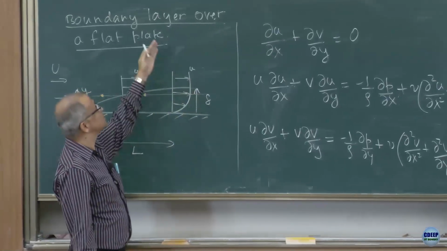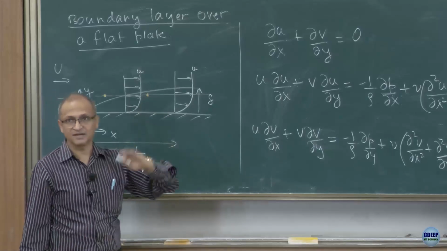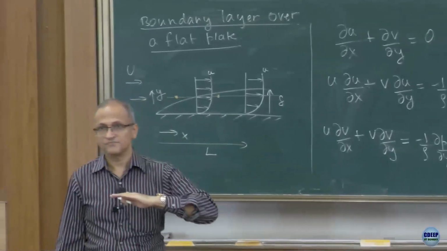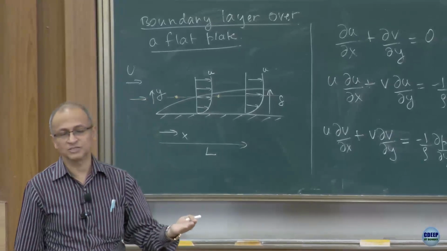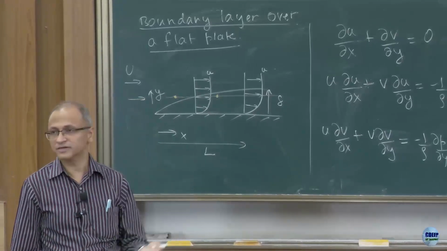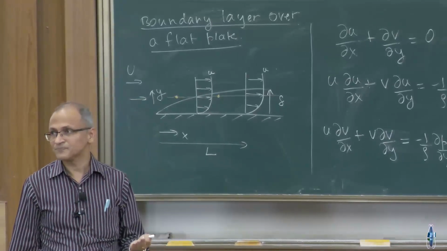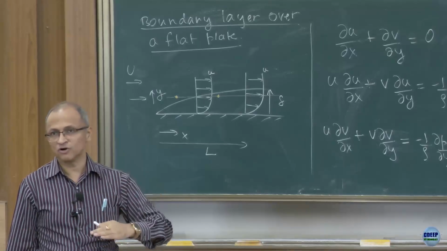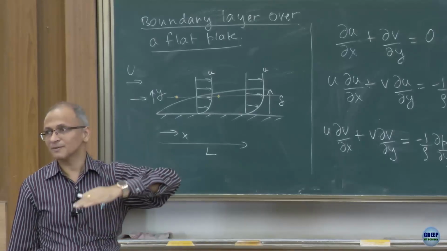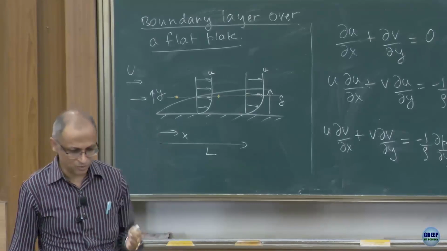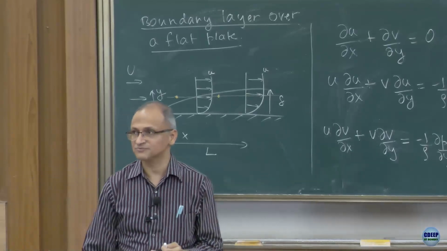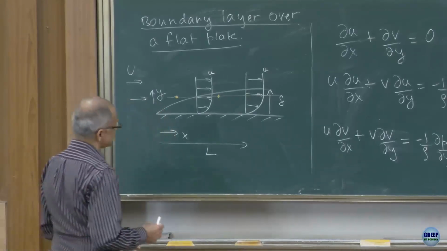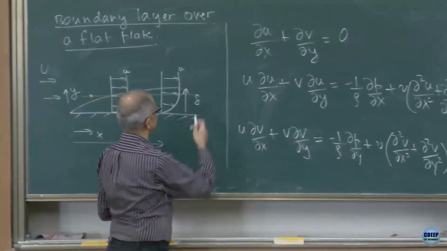Okay, so therefore my dou U dou X is now negative, which means that dou V dou Y has to be positive. Only then will the continuity equation be satisfied. And V is equal to 0 at the wall. So V has to be positive to be able to make dou V dou Y positive.